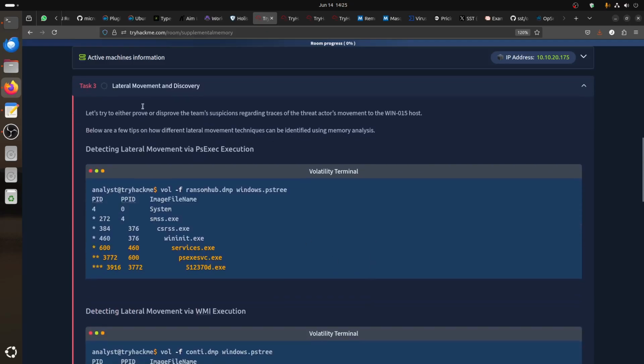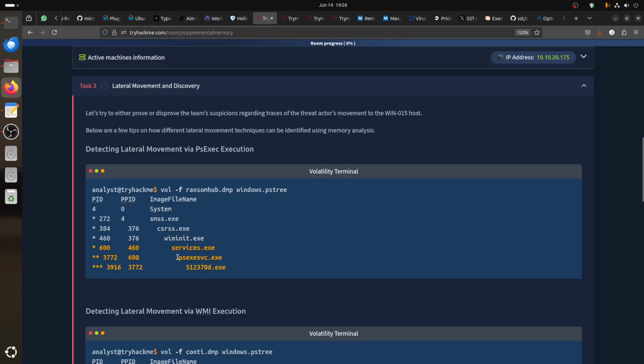The next question is lateral movement and discovery. Let's try to either prove or disprove the team's suspicions regarding traces of threat actor movement in the Windows 015 host. Below, for example, the example is to use windows.pslist, and you can check. PsList usually gives you a tree structure, so you can know who's the parent and all of that.